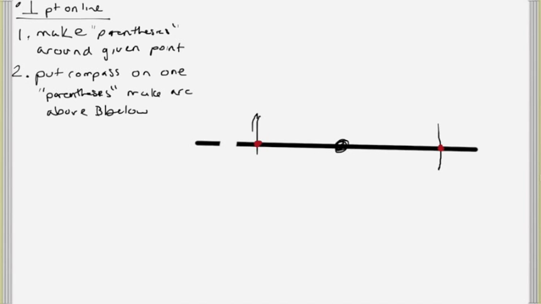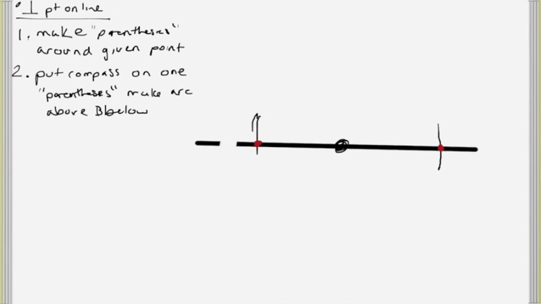And then once you've done that, keep your compass setting. It doesn't have to be the same as the first one. Actually, in fact, it has to be bigger than the first one, because if it's exactly the same, you're just going to hit that point. You won't be able to make a mark above and below. So you have to open up your compass a little bit wider than it was before.